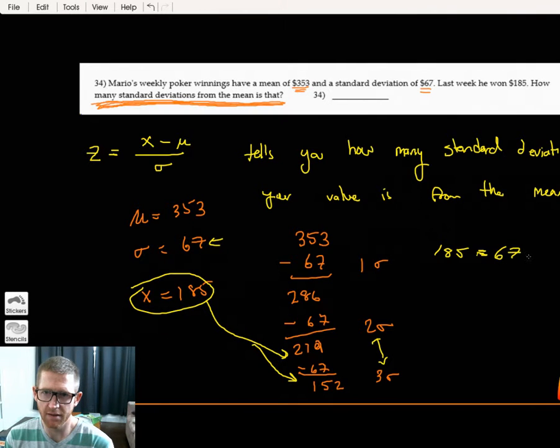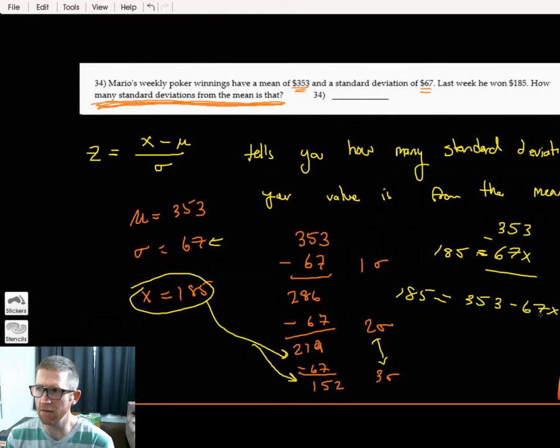How many of those subtracted away from 353? So 185 equals 353 minus 67x, some value, like how many times do I need to subtract 67 from 353 to get 185? So you could think about it like this and then algebraically solve this problem.